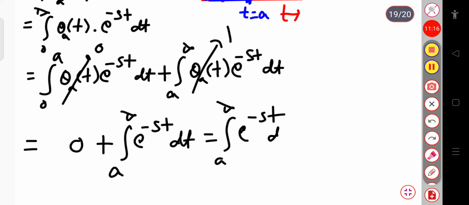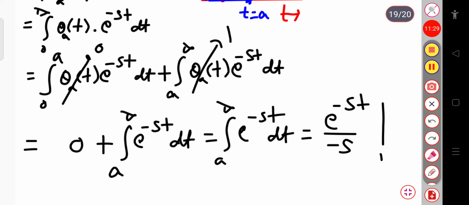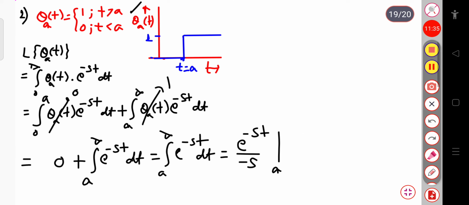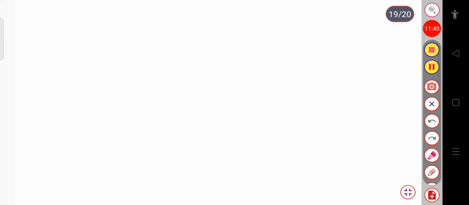If I integrate exponential minus st dt, this will be equal to exponential minus st divided by minus s, and this integration will be from a to infinity. Now let me write the Laplace transform of theta a of t.